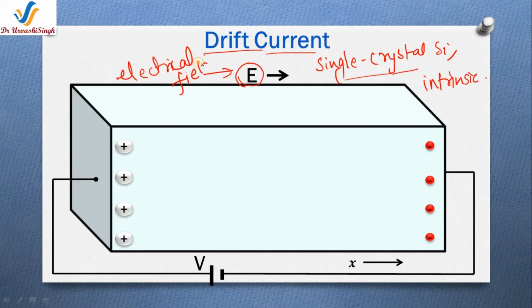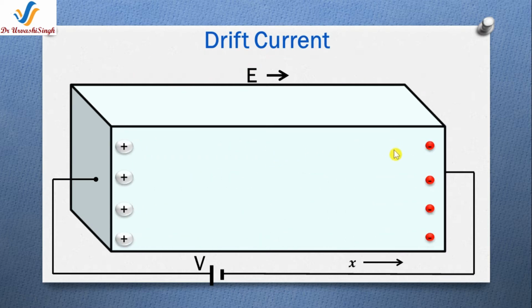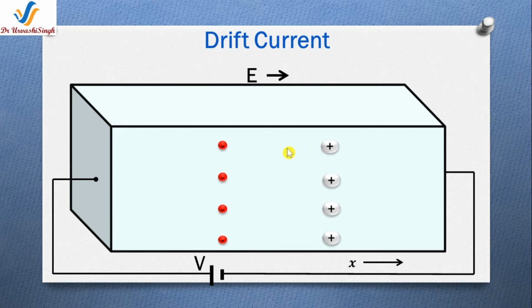then what will happen to the charge carriers? These are the holes and these are the electrons. So in effect of this electrical field, the charge carriers will move from their initial position. And how? The holes will move in the direction of the electrical field and electrons will move in the opposite direction to the electrical field.